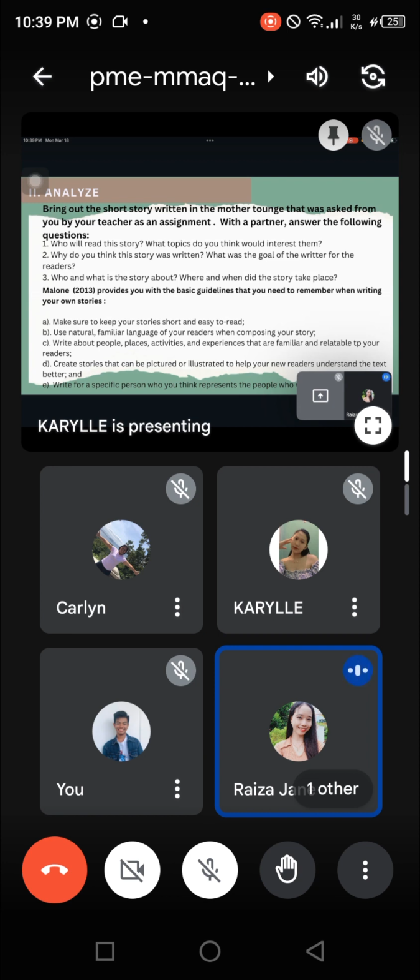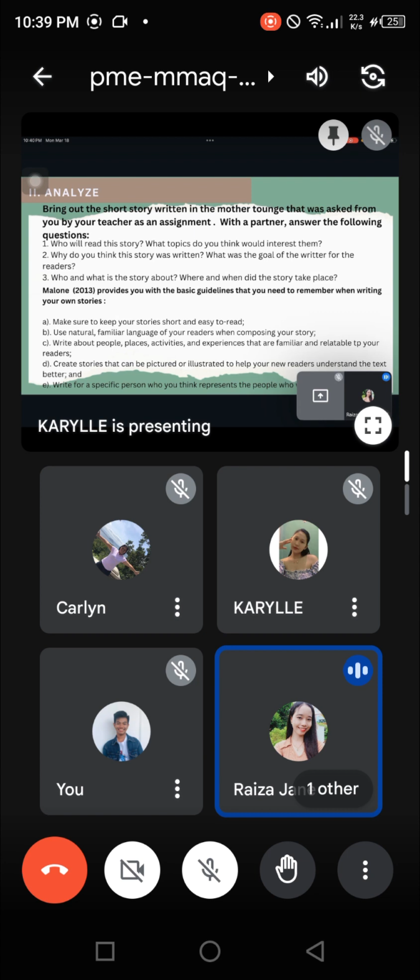And then create stories that can be pictured or illustrated to help your new readers understand the text better. So, di ba kadalasan naman na once na may pinabasa tayong mga storybooks, ganyan, kadalasan may mga naka-attach na mga picture na kung saan dito nakabase yung flow ng isang story.